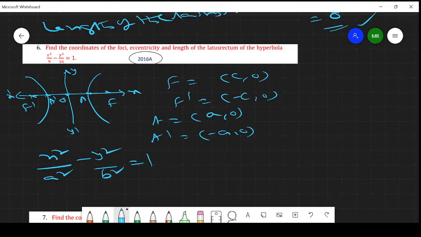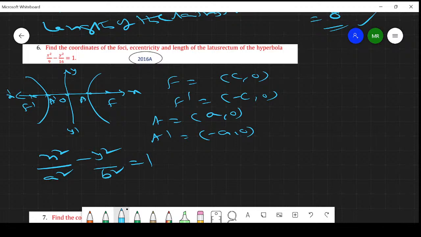Here is the difference. Before, you were saying major axis and minor axis. Here they will say transverse axis and conjugate axis.